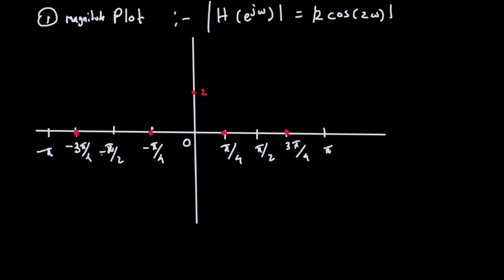And if I plug in π/2, let's look at the π/2. If I plug π/2 for this one, what will happen? 2 times π/2, the 2 cancels, so we are going to get cos π. Cos π is, let me double check, 1 or minus 1.